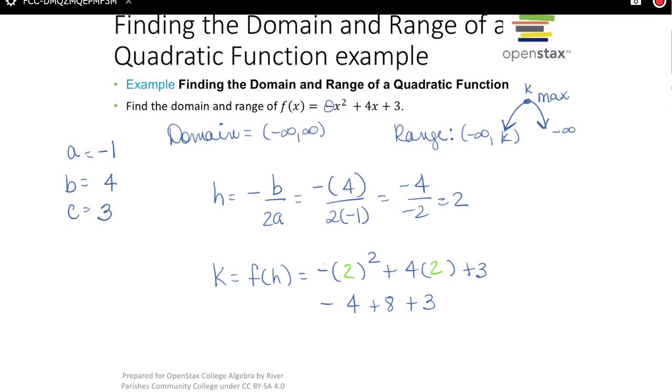So negative 4 and 8 is 4, plus 3 is 7. So k equals 7. So the range is going to go from negative infinity to 7. And the k should have a bracket with it always.